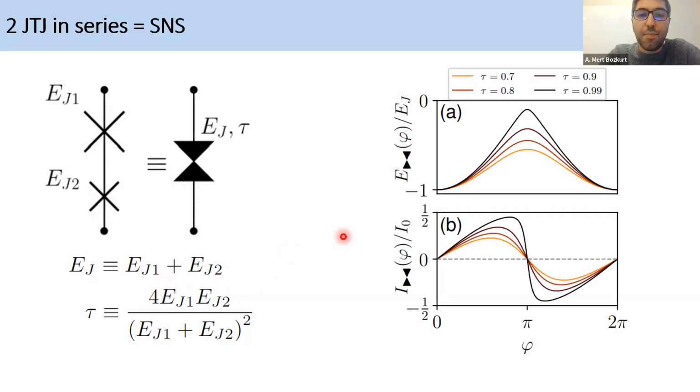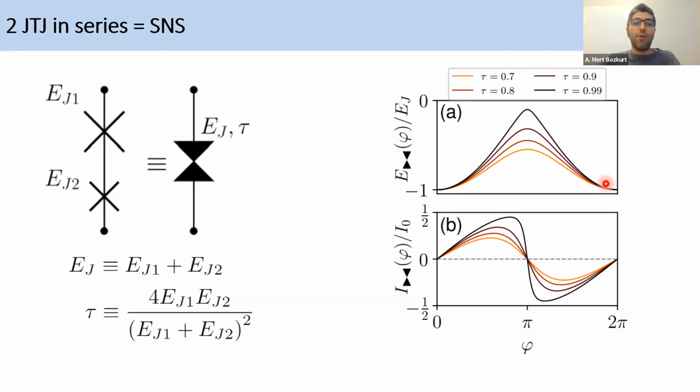By choosing EJ1 and EJ2, the Josephson energies of the two tunnel junctions, you can change the transparency and the overall energy of your circuit. On the right, you can see that by changing different EJs, you're varying tau, and using tau, you can generate different harmonics or higher harmonics.